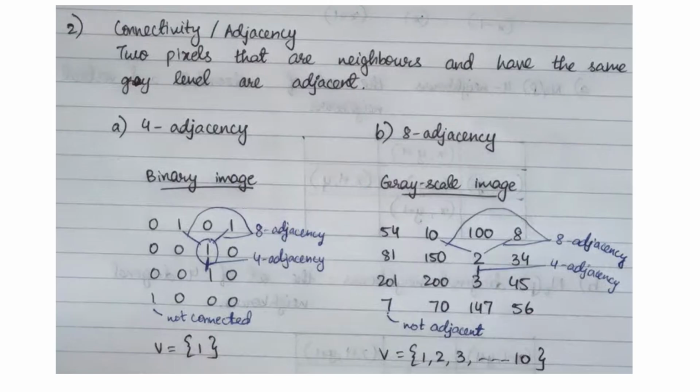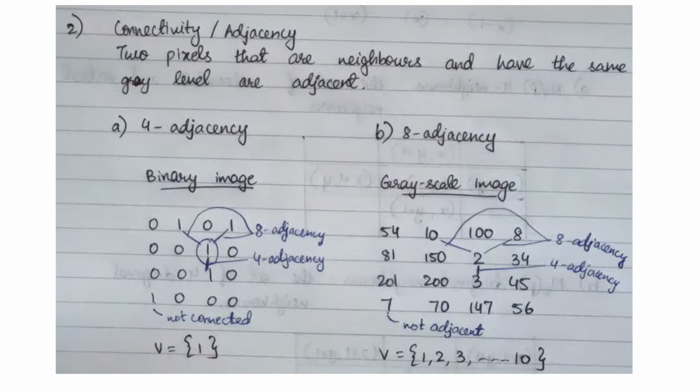Then this pixel can be connected with this one, and then this pixel, I cannot connect this pixel with this one directly, but I can connect this pixel with this, then this pixel with this. Then it will form the 8 adjacency, because this is 4 adjacency and this is 4 adjacency.